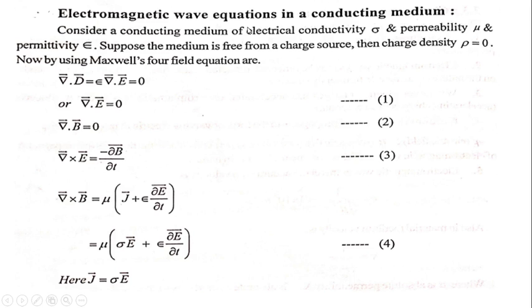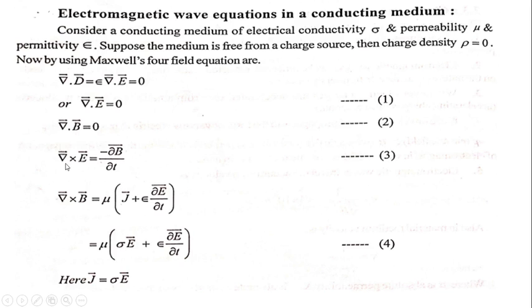Now the four Maxwell field equations are: del dot D equals epsilon del dot E equals 0, or del dot E equals 0, and del dot B equals 0.